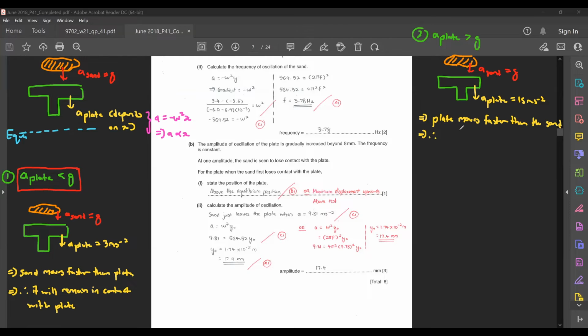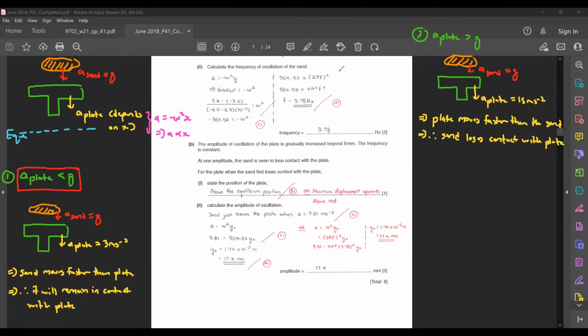So therefore, the sand will lose contact with the plate. Okay, this one we will say that sand loses contact with the plate.